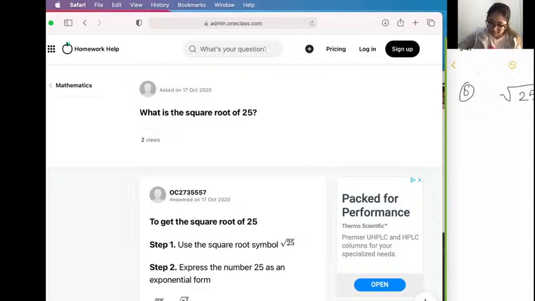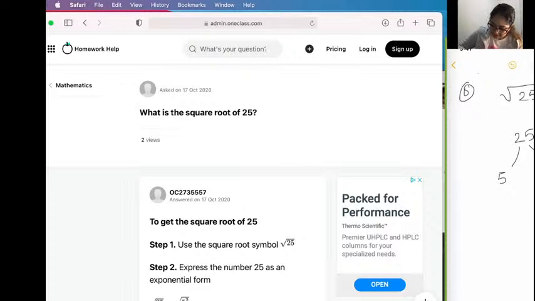Since this number ends in 5, in most cases its multiples are going to end in 5 too. So the common multiples of 25 are only 5 and 5.